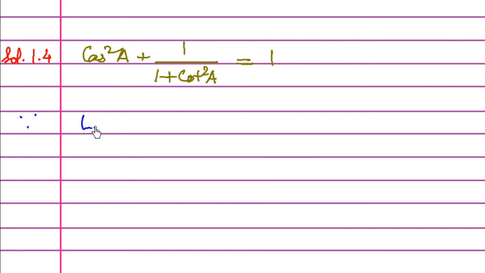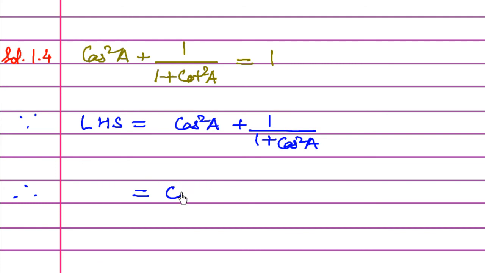Because LHS is equal to cos square A plus 1 over 1 plus cot square A. Therefore, we get here cos square A as it is, and it is cot square A. So 1 plus cot square A is equal to cosec square A. This is the identity we are using here.